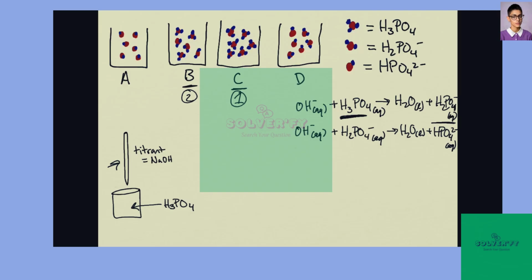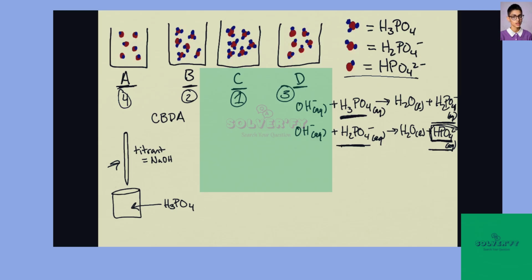And in this stage, we'll have some H2PO4- and some HPO4 2-, which is stage D. Then, as we continue adding NaOH, the hydroxide will react with all the rest of the H2PO4-, and we'll be left with only HPO4 2- at the very end, which is the last beaker, letter A. So our final order of the scenes is C, B, D, A.